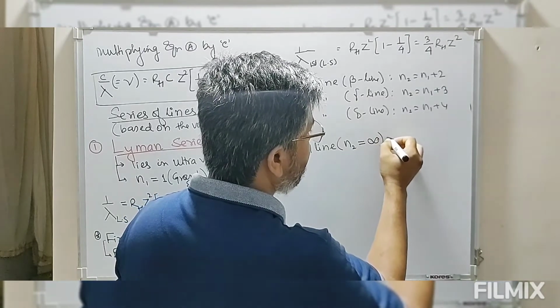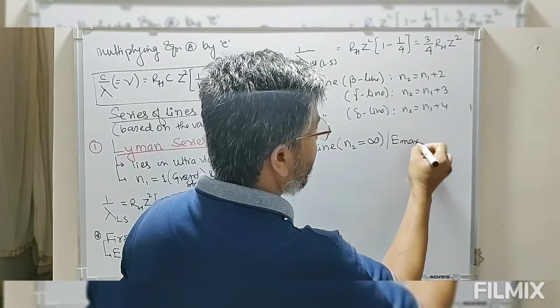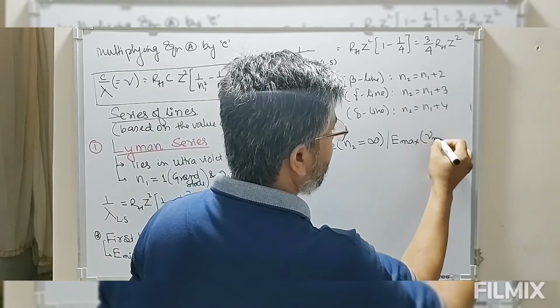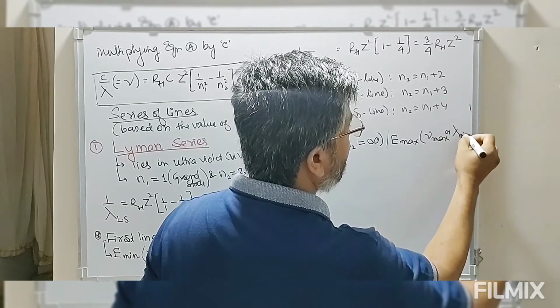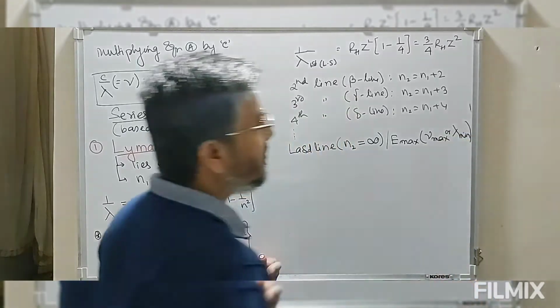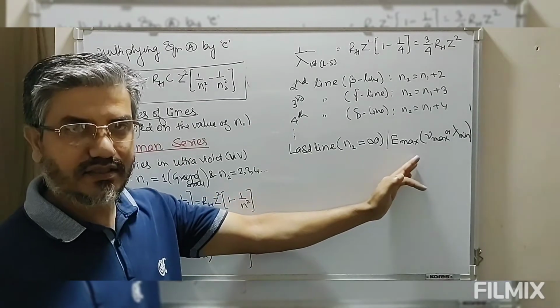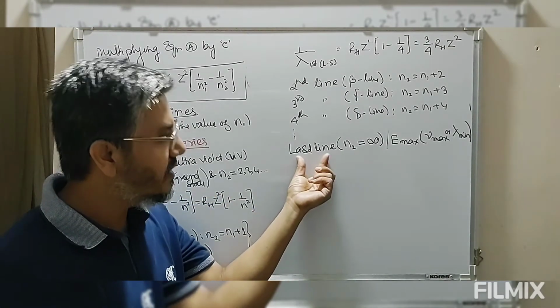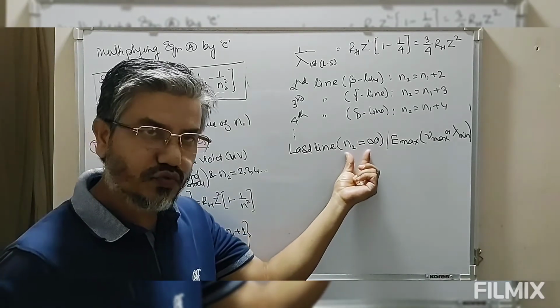This line is also known as the line of maximum energy. If energy is maximum, frequency will be maximum, or the wavelength will be minimum. So maximum frequency, or the least value of wavelength transition, that is known as the last line, the maximum energy line, which has N2 equal to infinity.